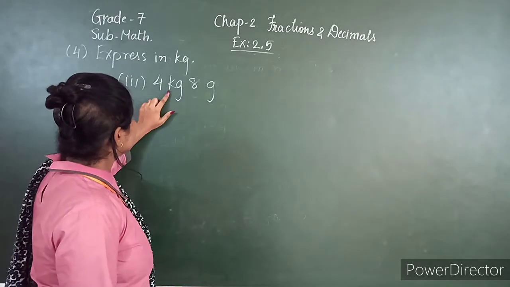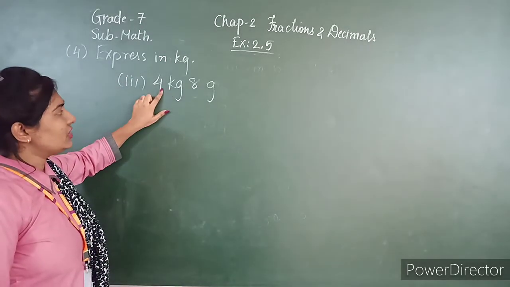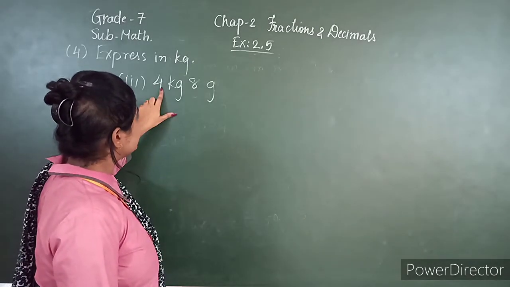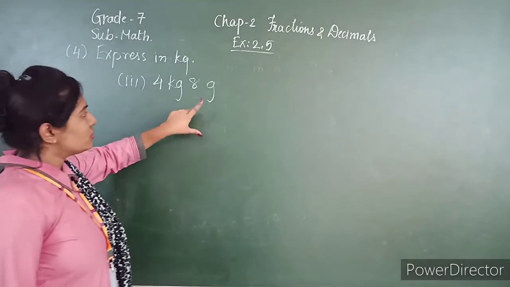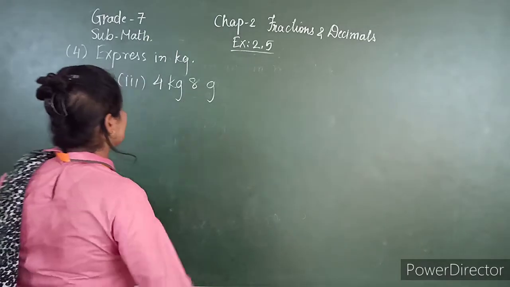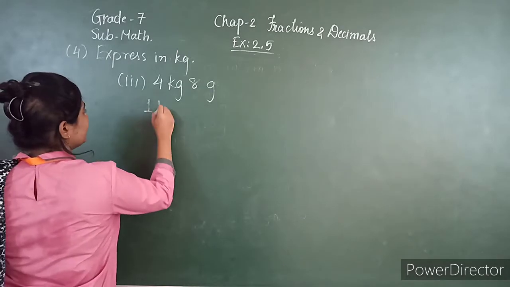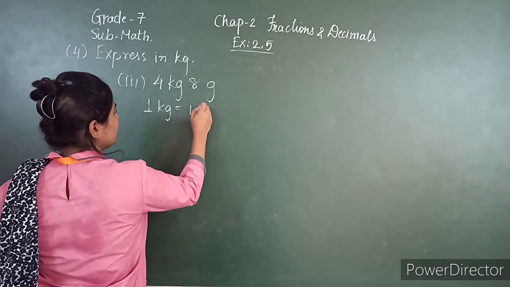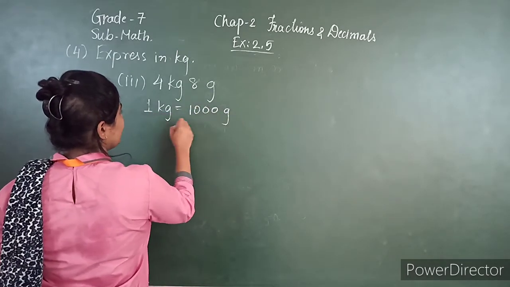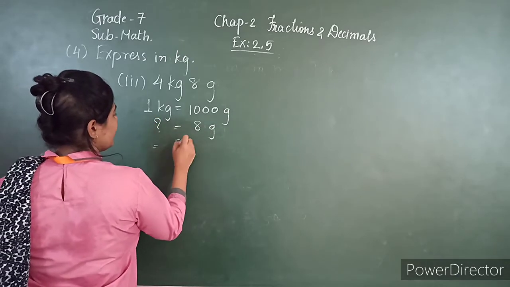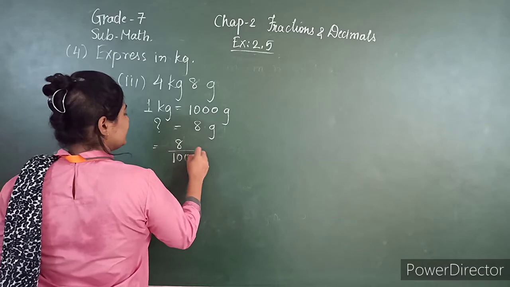Now next is 4 kg 8 gram. So here this is already converted into kg. This number is already given in kg, so we don't need to do anything in that. Now 8 gram. So we have to convert this gram into kg. So first of all we have to write the identity that 1 kg is equal to 1000 gram. So 8 gram is equal to how much? So 8 upon 1000.